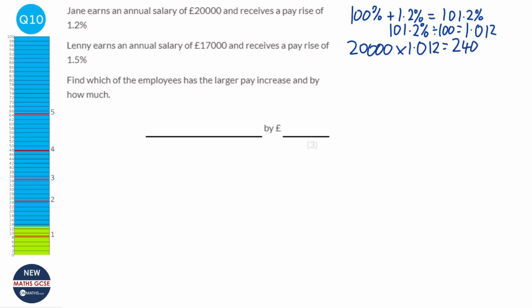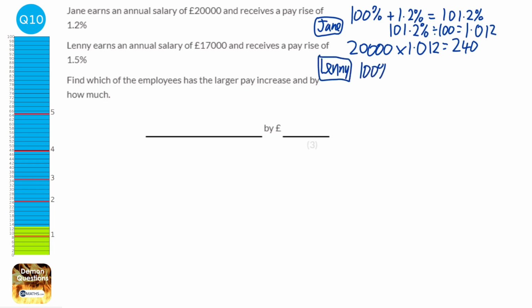Next we do the same for Lenny, so that is Jane. And so let's do Lenny. And so that's 100% plus the 1.5% will be 101.5%. Make that a multiplier.